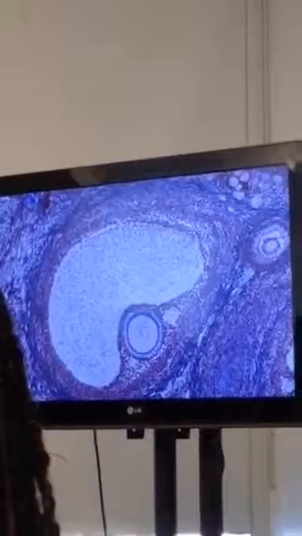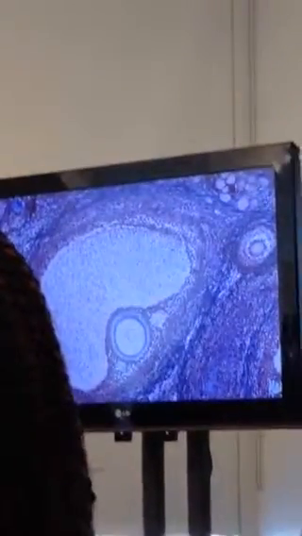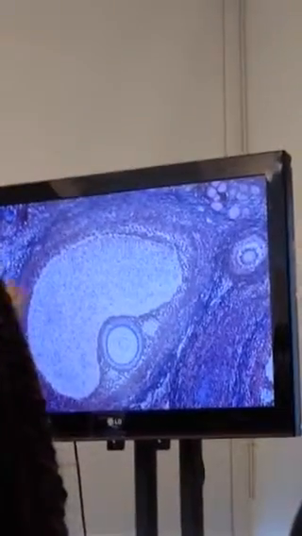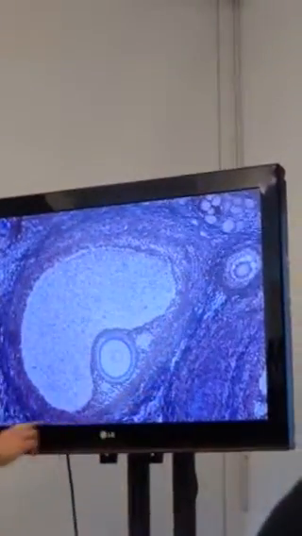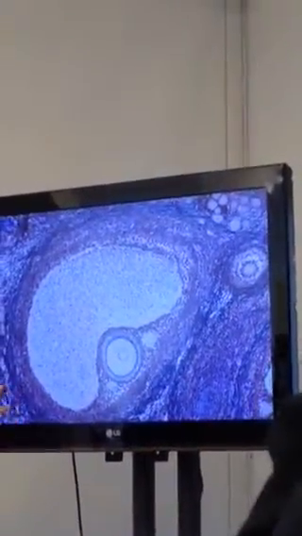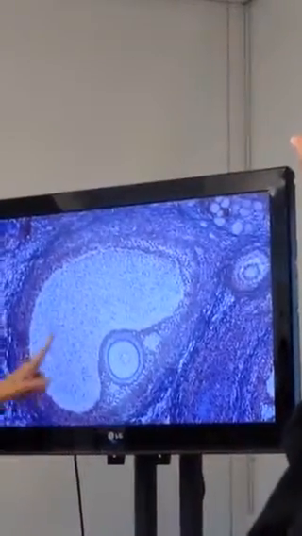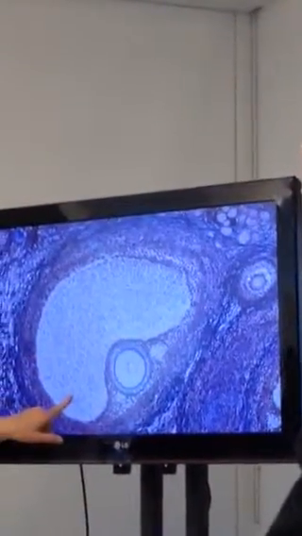And it looks like, there's a good one. Okay, here it is. This is the Graafian follicle. It starts here. I don't know if you can tell. And the big thing is it has this gigantic cavity in it. It's huge.